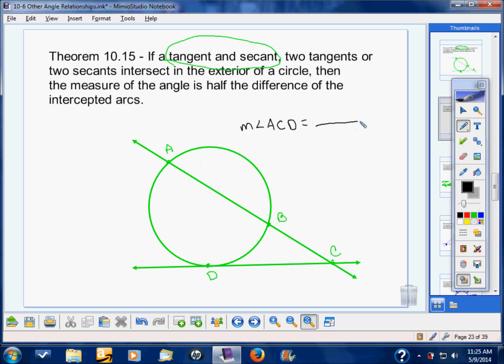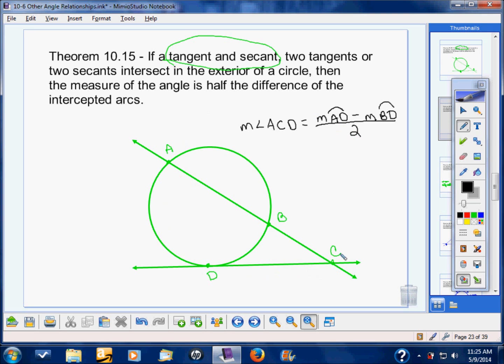Which one, when we subtract, is going to have to go first? The bigger one, which is AD. Remember, it's always the furthest one from the angle. So measure of arc AD, difference means subtract, minus BD. And it says half, so I divide it by 2.